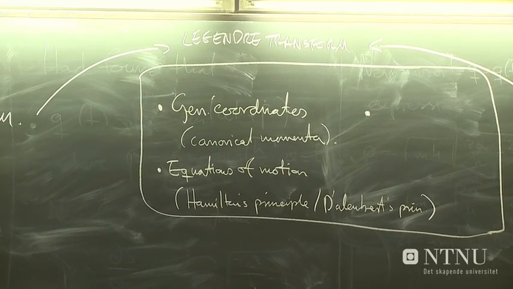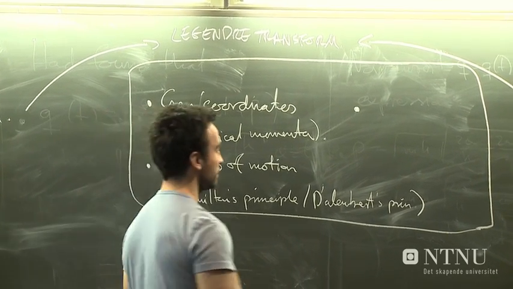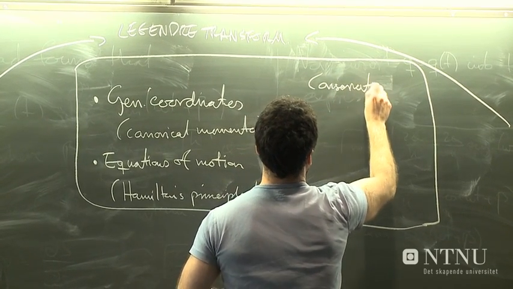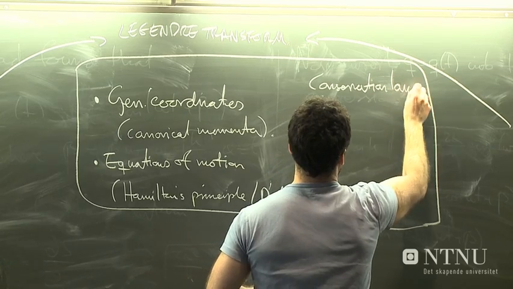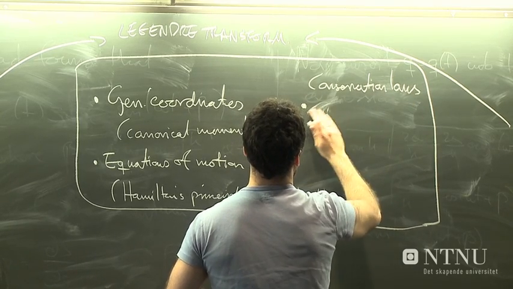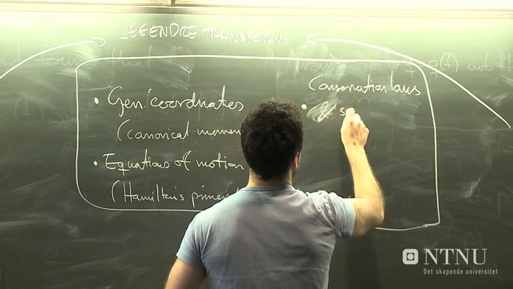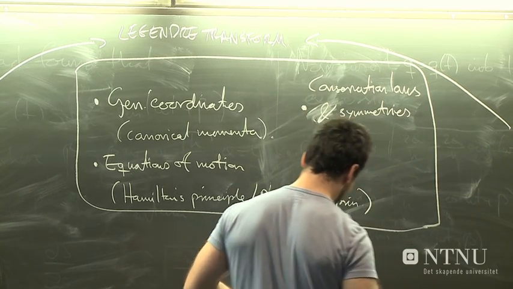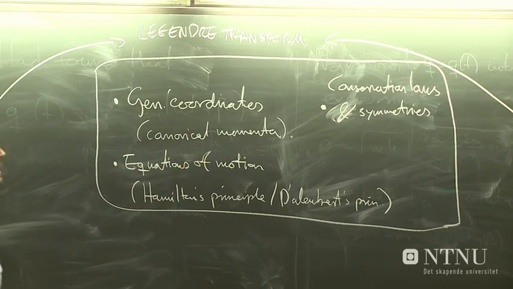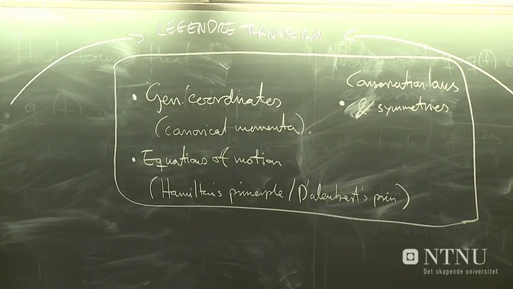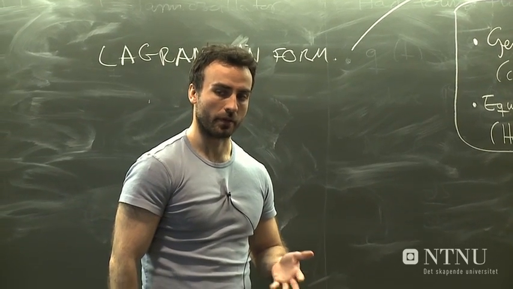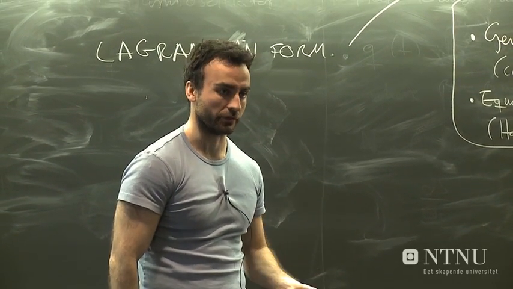Conservation laws? Yes, conservation laws and symmetries. So the idea here is that if the Lagrangian or Hamiltonian have some sort of symmetry, well then there should also be something that is conserved.